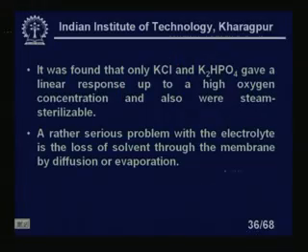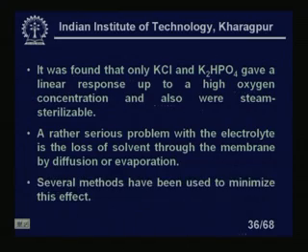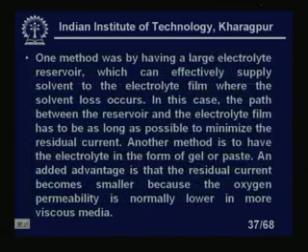A rather serious problem with the electrolyte is the loss of solvent through the membrane by diffusion or evaporation. Several methods have been used to minimize this effect. One method is having a large electrolyte reservoir, as I told you, which can effectively supply solvent to the electrolyte film where the solvent loss occurs.